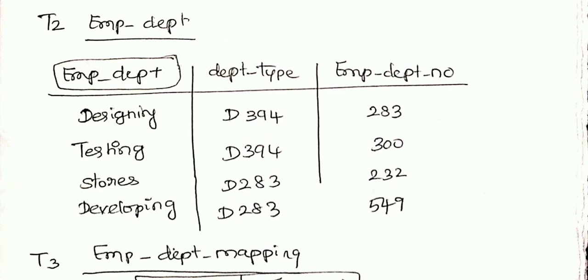So the appropriate values of the tables are there. Employee department determines the department type and department number. Here employee department acts as a super key or a primary key. So in this dependency X determines Y, and X, the LHS of the dependency, is a super key.